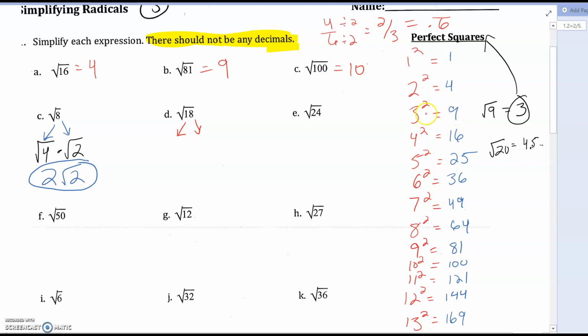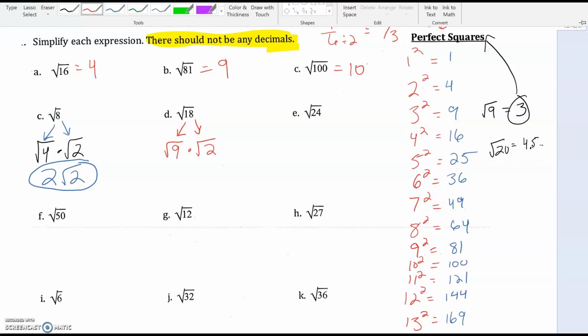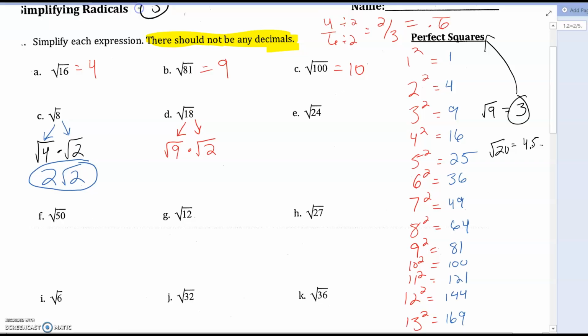Oh, but 9. 9 times something is 18. So I can bring square root of 9 times the square root of 2, because 9 times 2 is 18. One of these numbers, when you break them down, has to be one of the blue ones, because those are perfect squares.